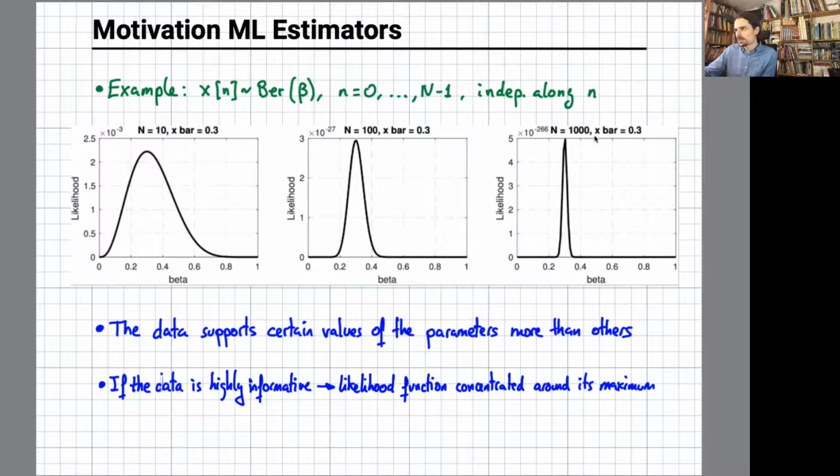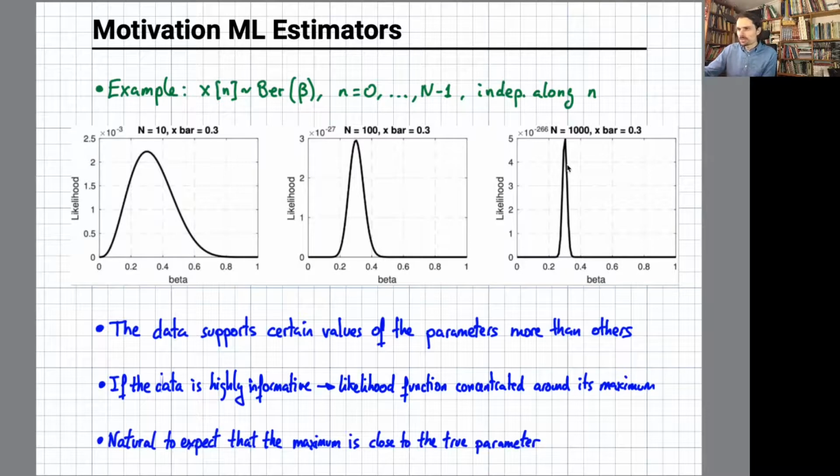So in this case, for instance, we have many samples, and we see that the evidence is concentrated about a small set of values, right? So specifically around this maximum point. So it is natural to expect that the true value of the parameter lies somewhere near this maximum, although we haven't formally proved it, but it is what intuition suggests.